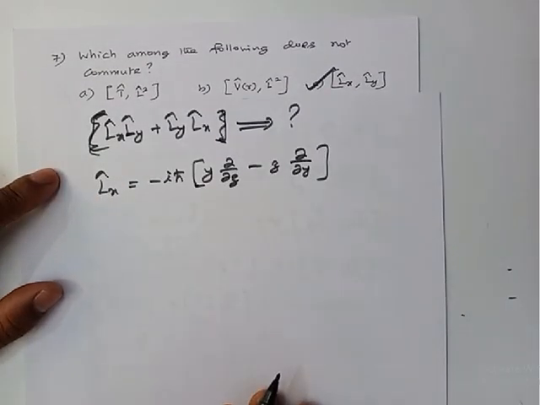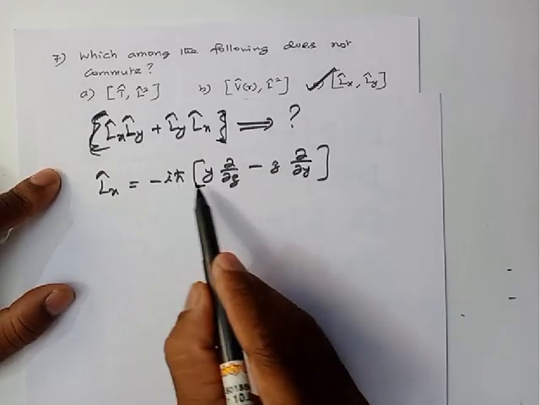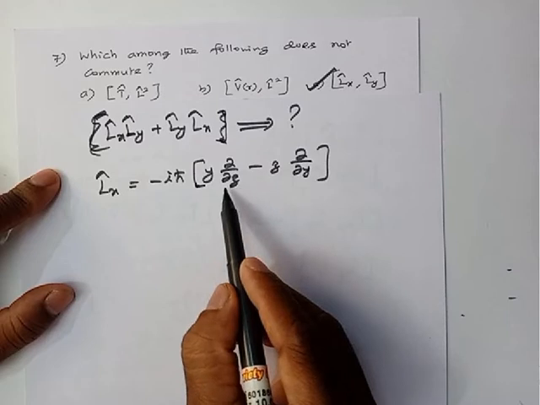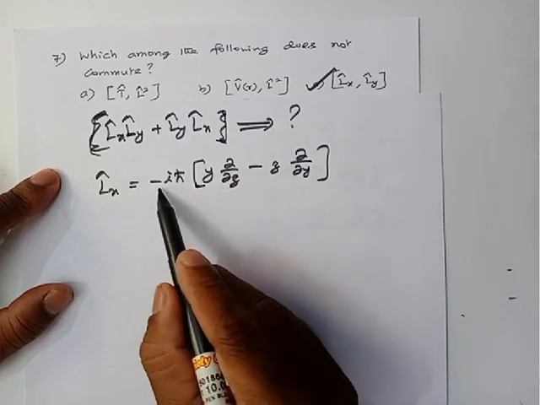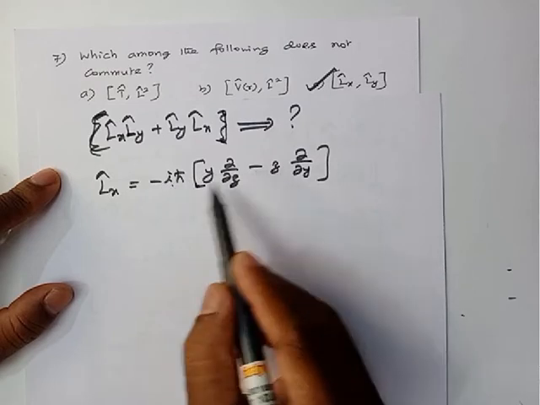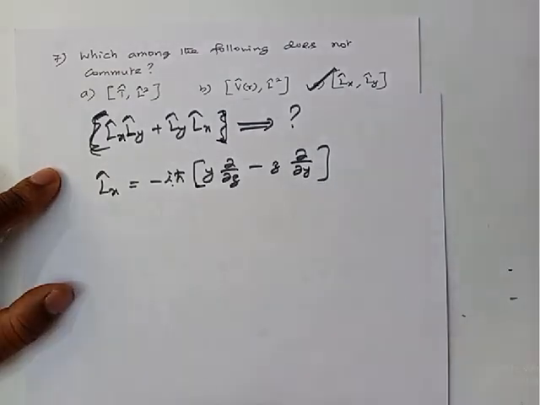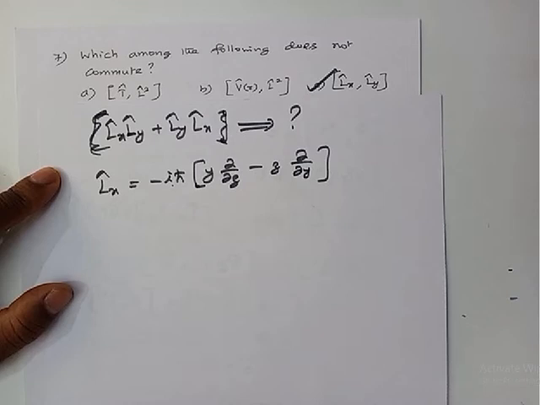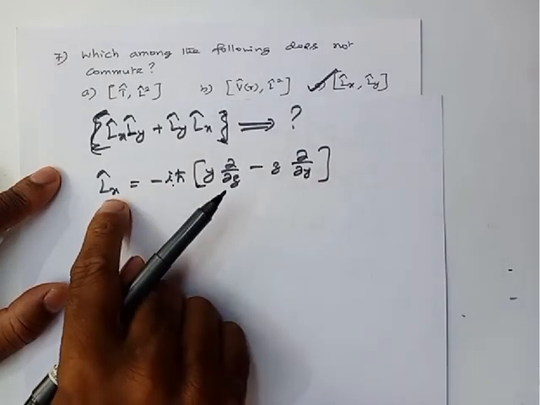And here, minus i into y dou by dou z, this is a Hermitian operator. Similarly, minus i, minus this becomes plus, so plus i is z into dou by dou y. If you find, both are Hermitian operators. So this combination is a Hermitian operator.